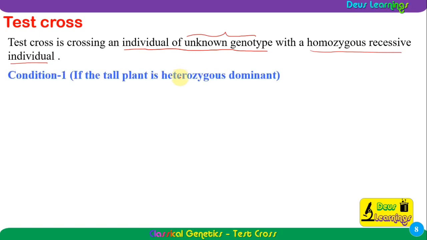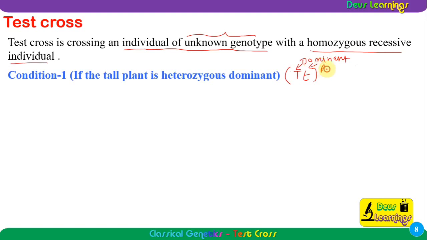Okay, so let's consider two conditions. First, the individual is a plant with heterozygous dominant character. Heterozygous dominant, for example for tall, is one capital T and one small t. That means one is dominant, one is recessive, so it's a heterozygous dominant condition, right?